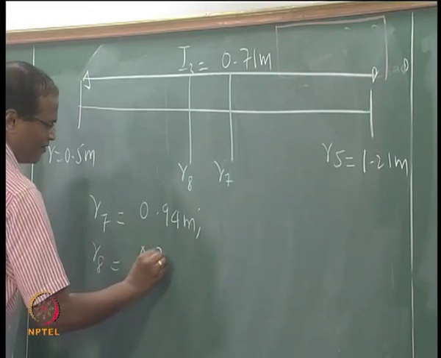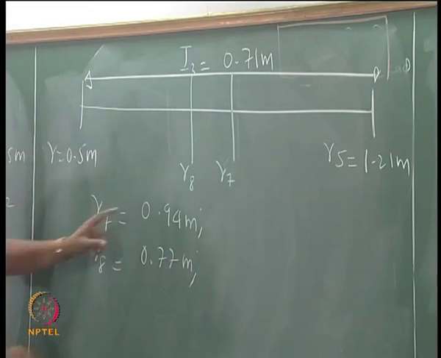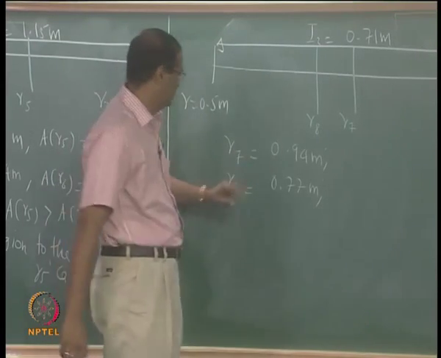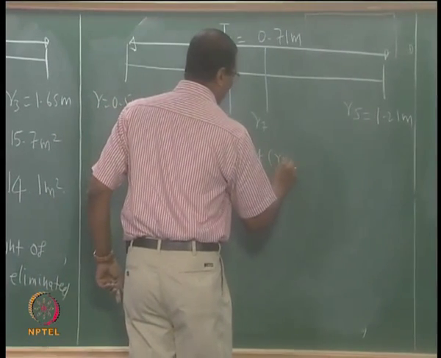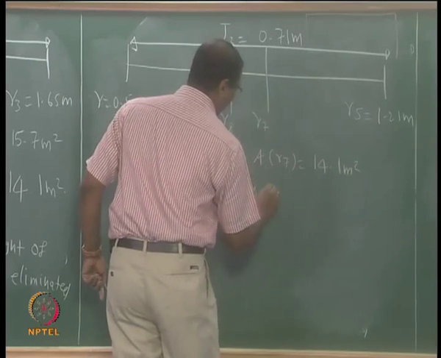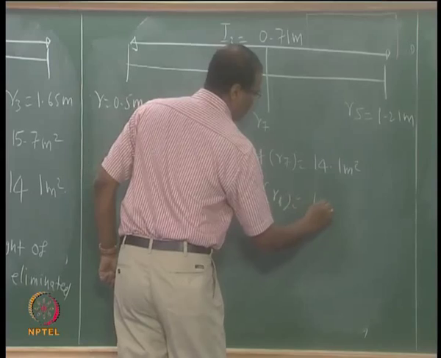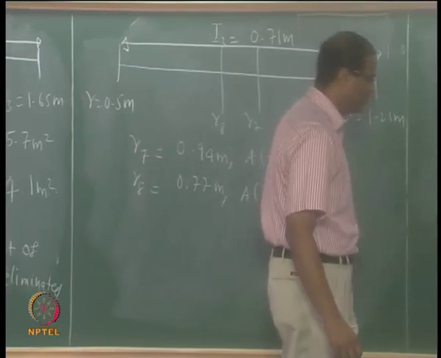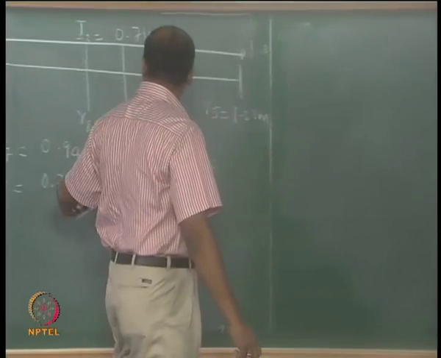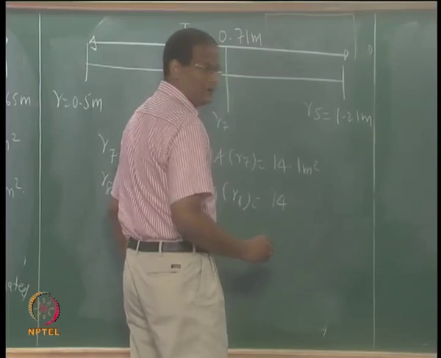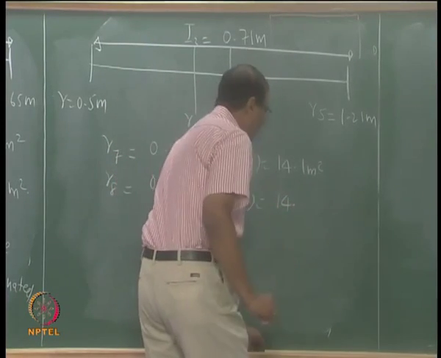We are reaching the end of our Fibonacci search, right? A of R7 is 14.12. Actually, that is 14.06. Okay, then we will say 14.06.